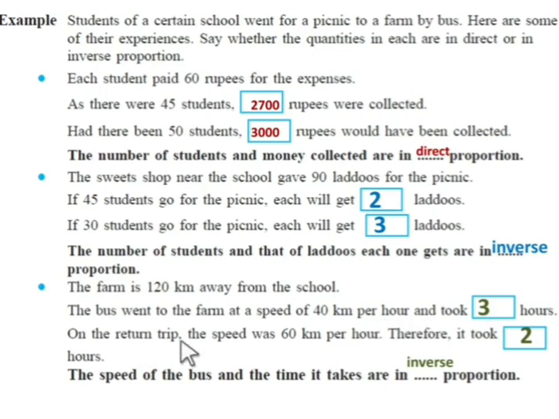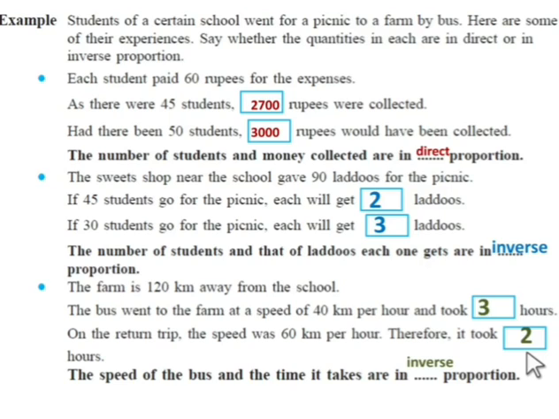On the return trip, the speed was 60 km per hour. Therefore, it took 2 hours. Now from the speed, here the speed is increased. Hence, the time taken will decrease. Now, speed is 60 km per hour. That is, in 1 hour, the bus travels 60 km. Hence, the time required to get back to school will be less than while going.